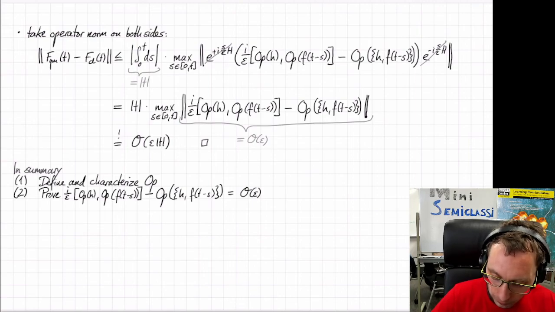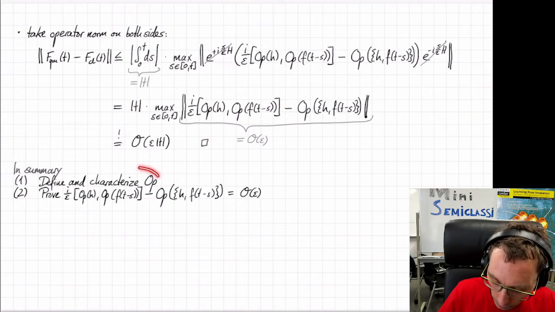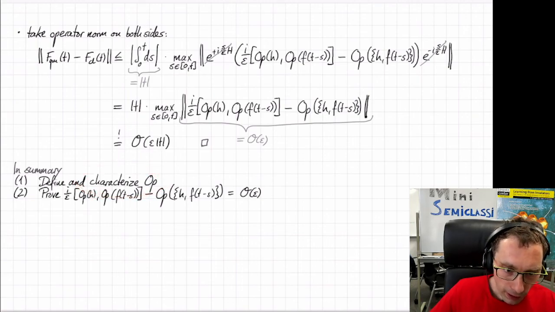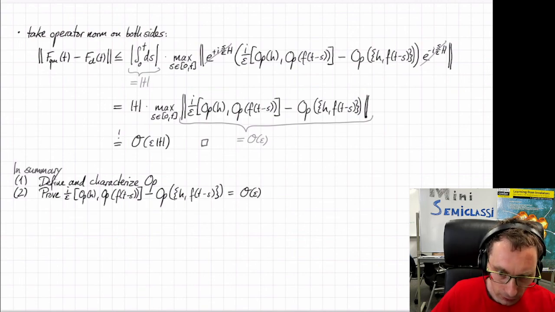But this will be part and parcel of this part here. All right, and with that, part 1 is over, and the following parts are then mainly about filling in the gaps in the arguments.